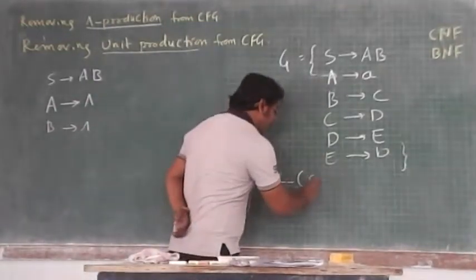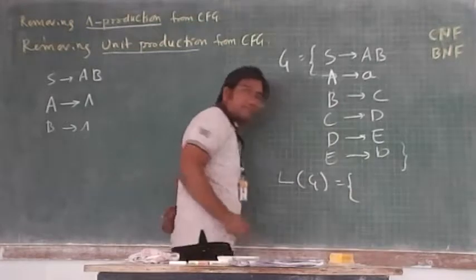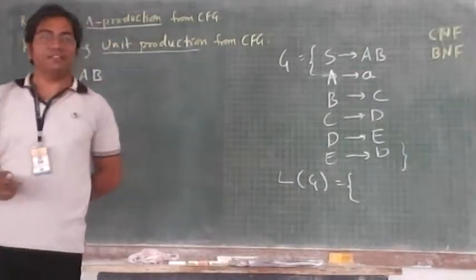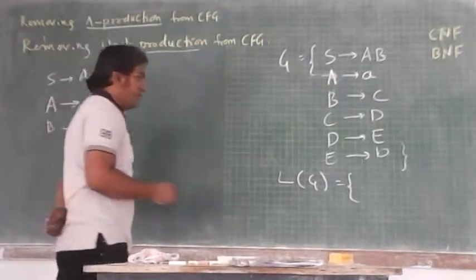Language generated by this grammar G. What is this? AB itself. Only a single sentence this grammar can generate.